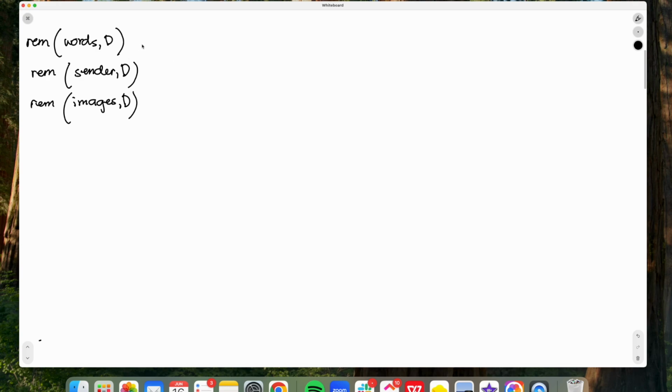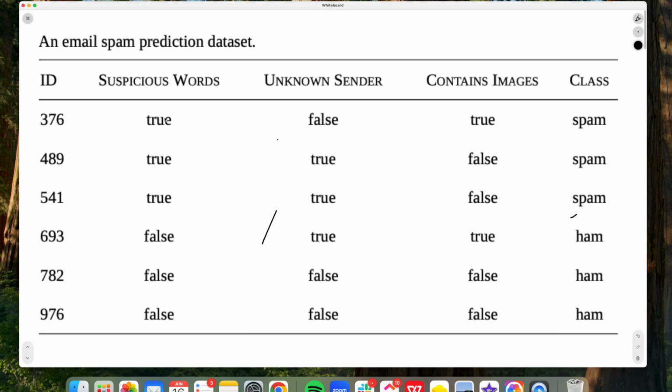So I'll show you the formula to be used for the suspicious words. We should consider that suspicious words has 2 possible values, either true or false.